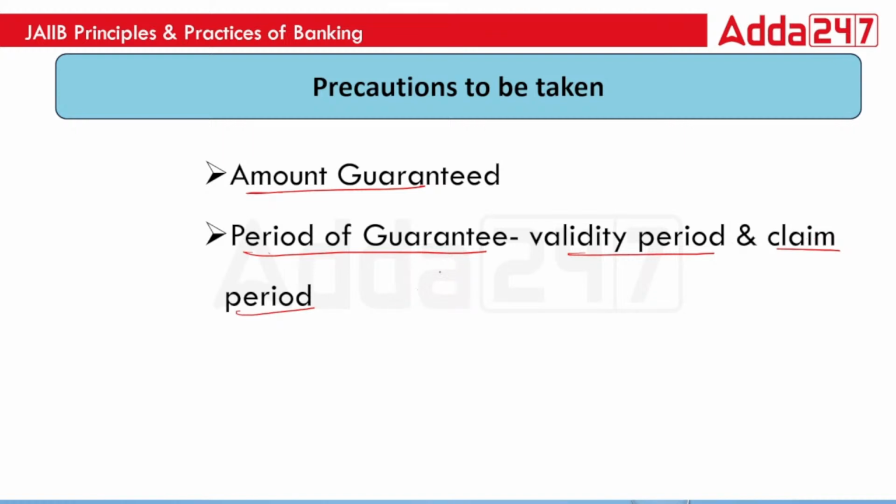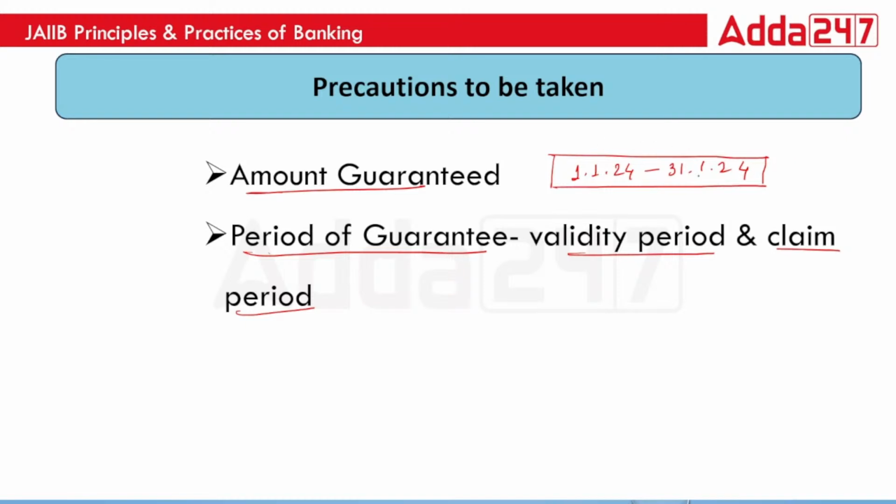What is validity period? Suppose the guarantee was from 1st January 2024 to 31st January 2024. If anything happens within this time period, then only that person can claim the guarantee. Otherwise, he will not. But for claiming the guarantee, the bank will provide some extra time also.